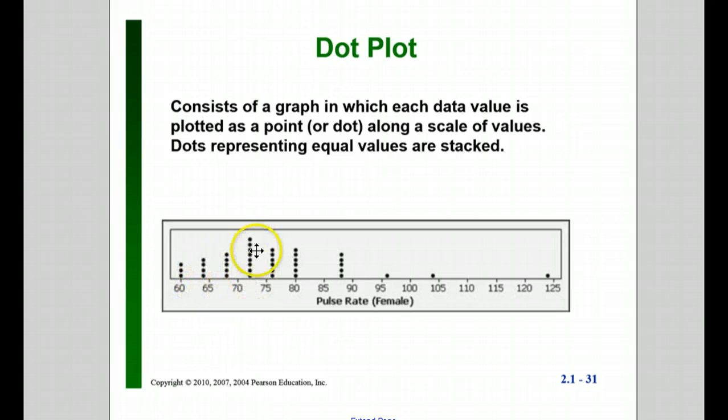So each dot represents a measurement. Now, if there was a key over here that said each dot represented 2 measurements or 10 measurements, you could adjust the scaling that way. But most of the time, each dot represents one value, and they're all giving you the same information. All these are showing you where the data fell and the shape of your distribution.